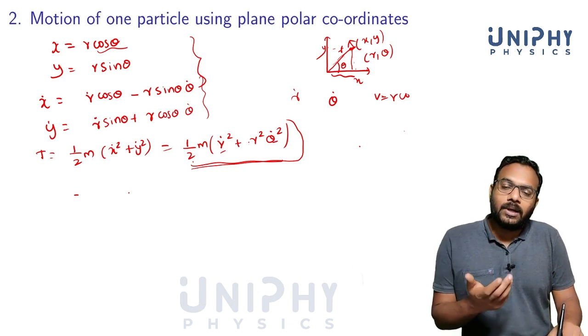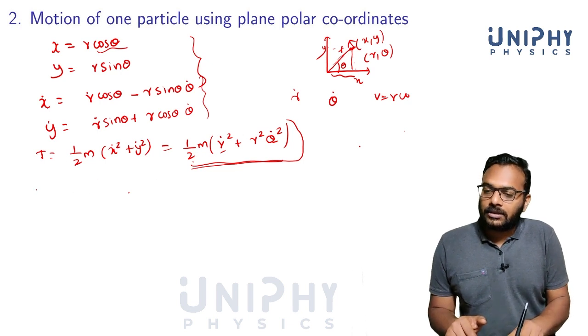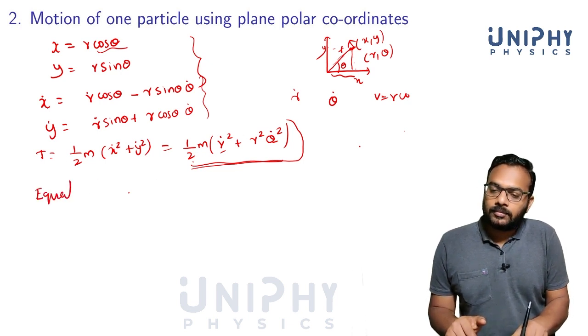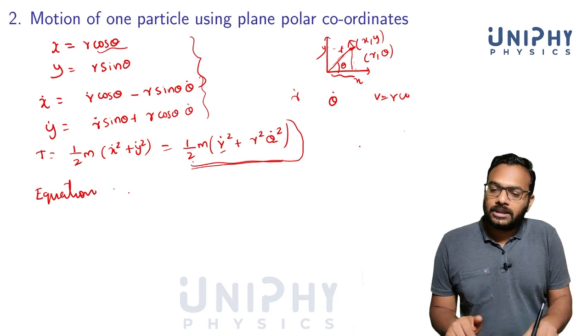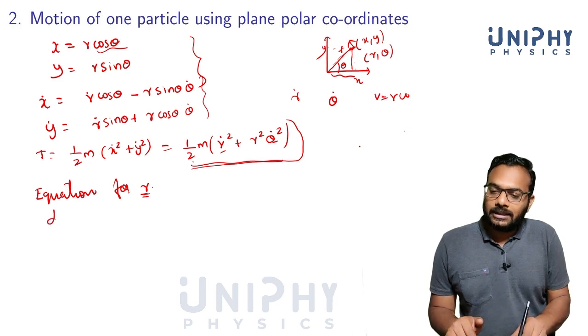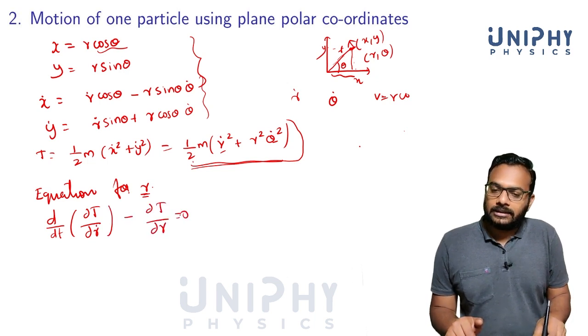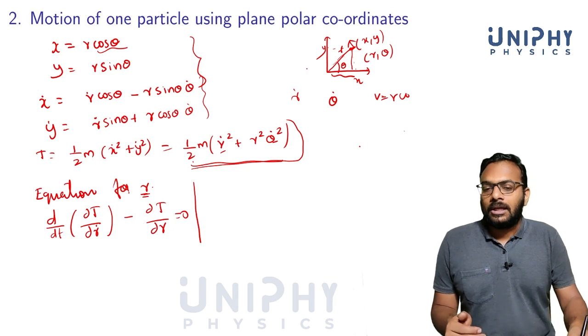So we have to find one equation for r and one for theta, right? So first let's find the equation of motion for the generalized coordinate r. It's d by dt of dou T by dou r dot minus dou T by dou r is equal to 0. That's the equation for r.